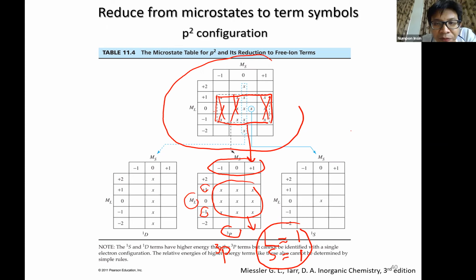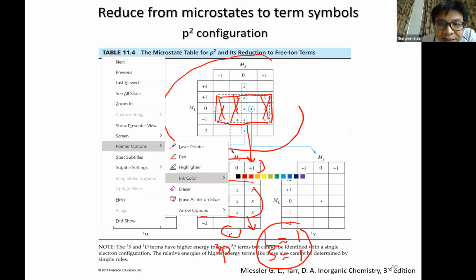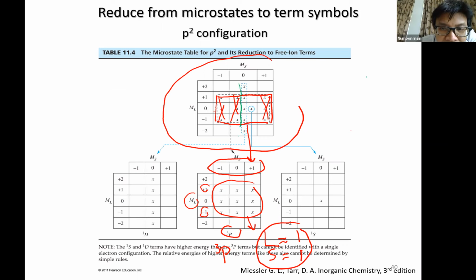Okay, so find the next largest box. The next largest box that you can draw out is this one. It's 5 rows times 1 column. So these 5 microstates are the ones with ML ranging from +2 to -2.